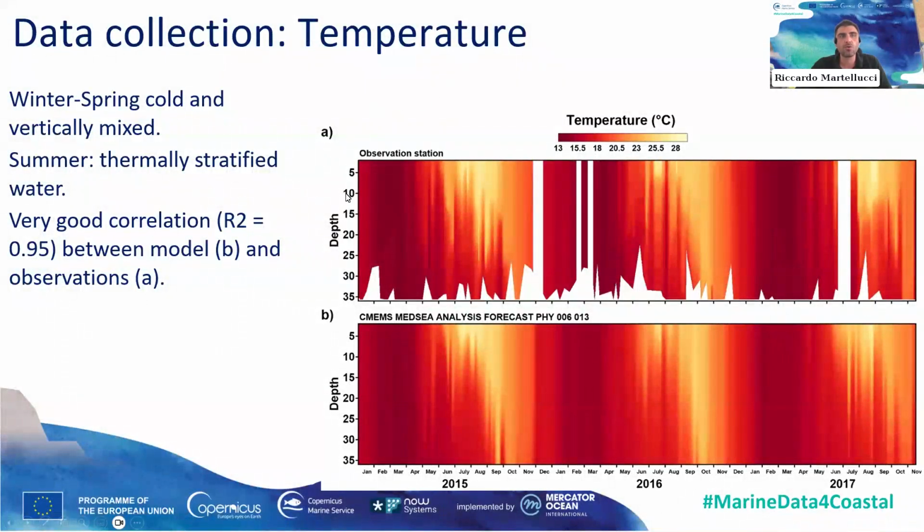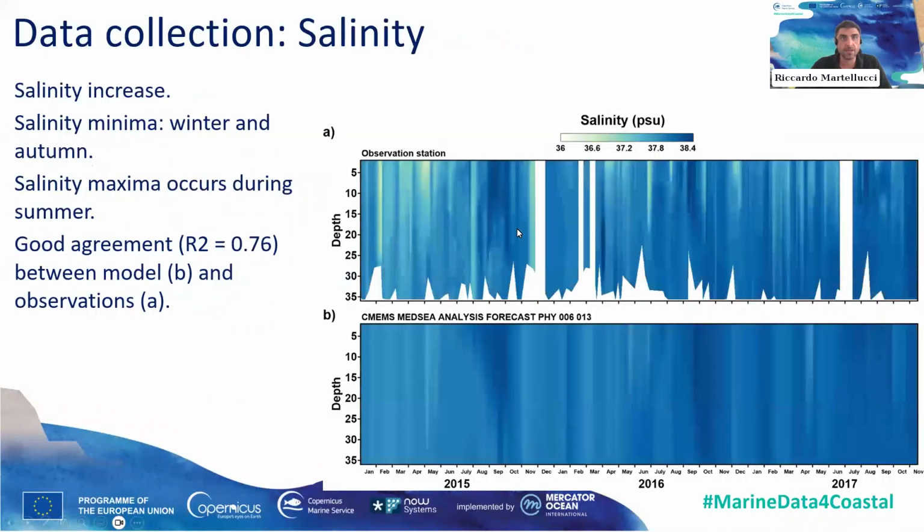We have cold and vertically mixed winter, then there are thermally stratified waters, and you can see here how the model can fill the period in which you don't have data. In some cases, the data at the observing station cannot be taken because of bad weather conditions or something else.